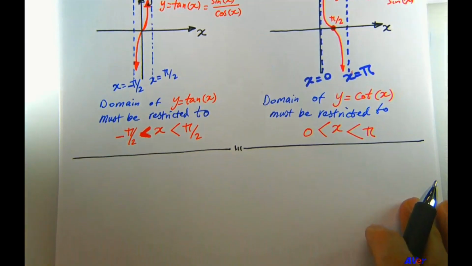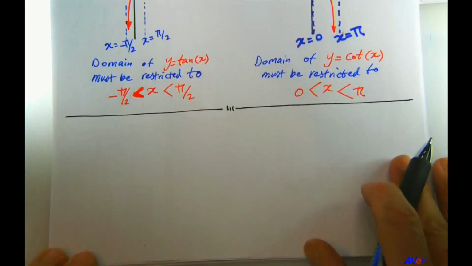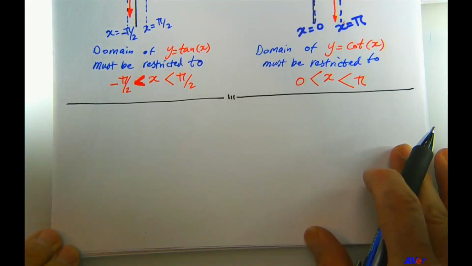Okay, so we have two more functions to look at to see where their domains must be restricted. And that is the cosecant function and the secant function, or secant and cosecant, makes no difference. So let's draw the secant function first.